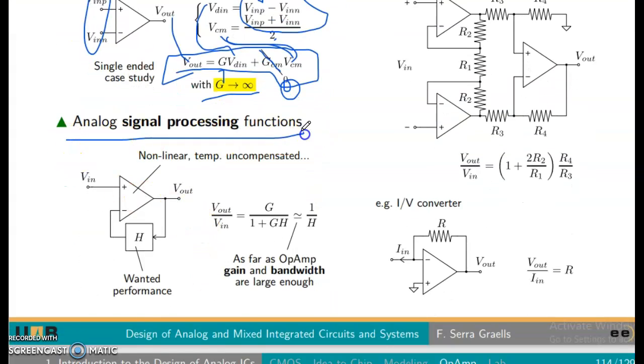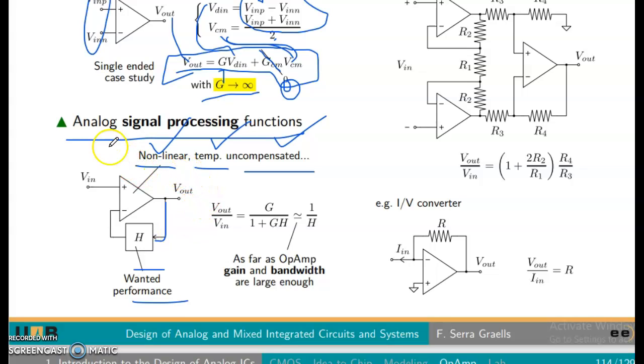Analog signal processing functions: non-linear, temperature uncompensated. V in plus minus, wanted performance, negative feedback.